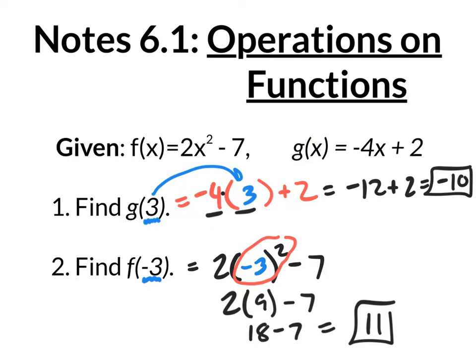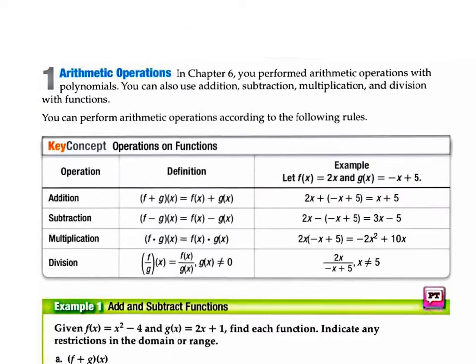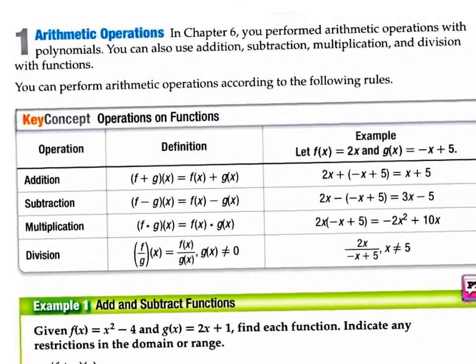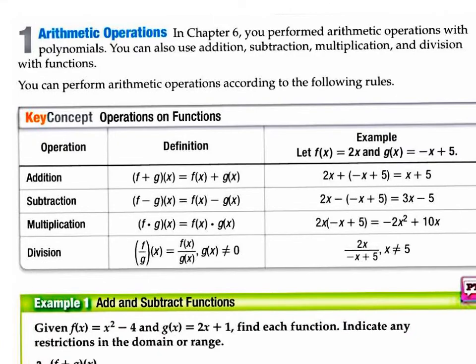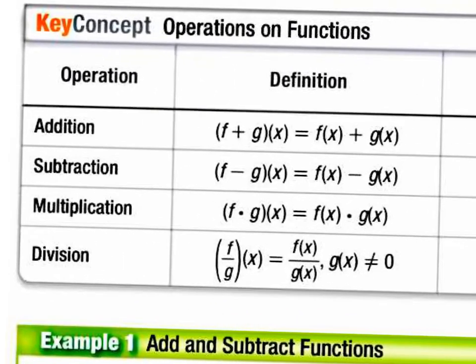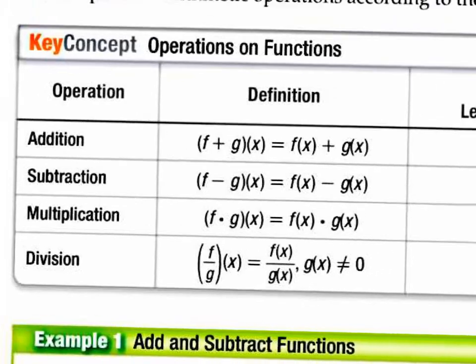All this comes from the book, page 385. But like I said, we're going to be adding, subtracting, multiplying, and dividing different functions, f of x and g of x, q of x and r of x. It depends what I give you.